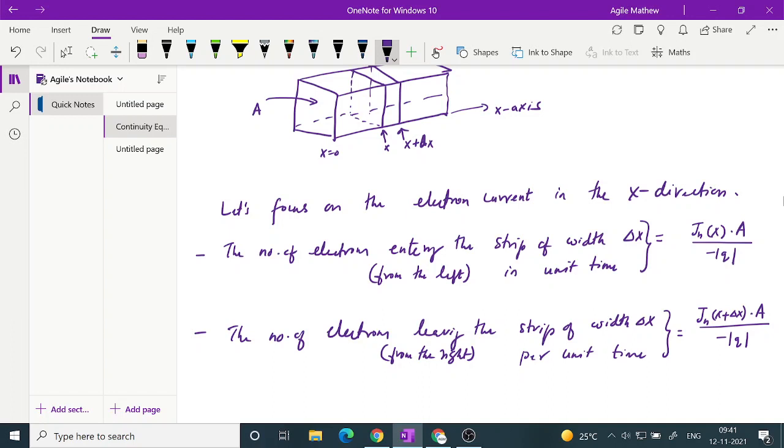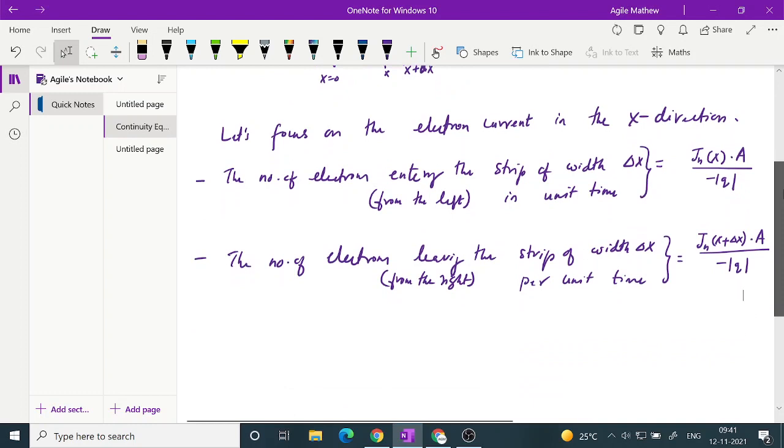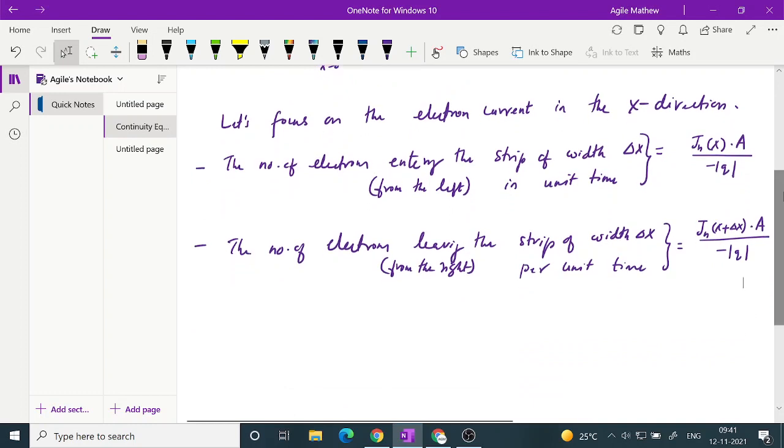Okay, so if the number inside the strip has to increase, then what is entering should be larger than what is leaving. So the net change in the number density, or net change in the concentration of the electron, therefore dou n by dou t, where n is basically concentration, whereas what we have written down here is basically the total number.